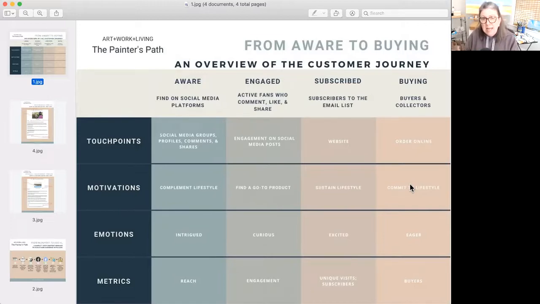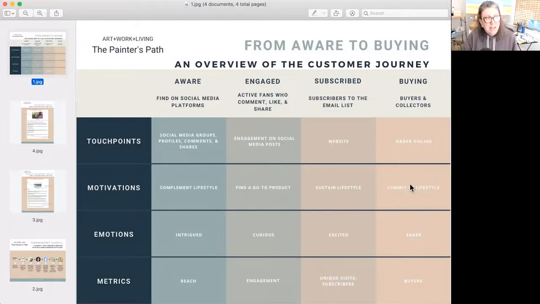The last stage here is the stage where people become buyers and collectors. At this stage, they've made a major commitment to you. They have become so subscribed to the ideas that you have and the art that you make that they're willing to exchange money for a piece of your art. At this stage, the touch point is they are purchasing, they're buying online from your online shop.